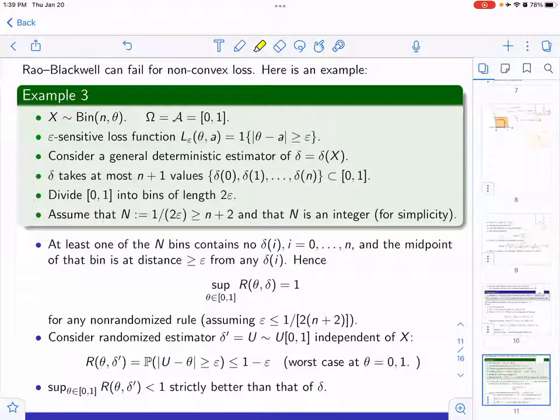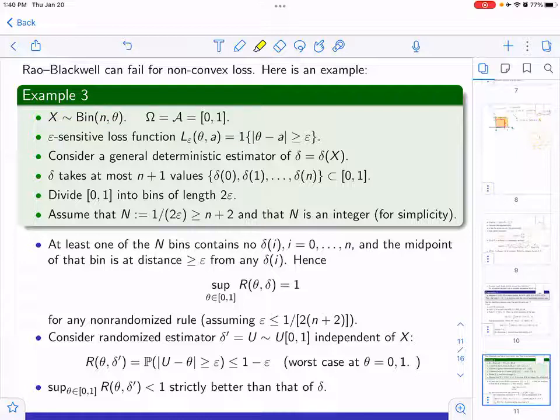X is binomial n and theta. This is once you do sufficiency reduction. So in the Bernoulli trials, we know that the sum is sufficient. So you can reduce your model by just looking at the sufficient statistic. So the model in terms of the sufficient statistic would be this.